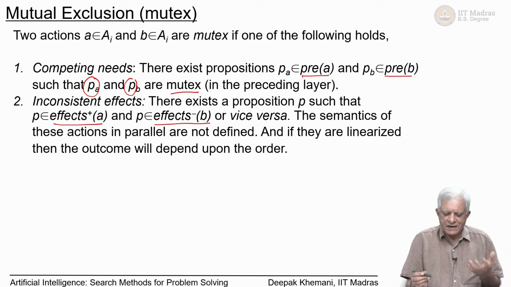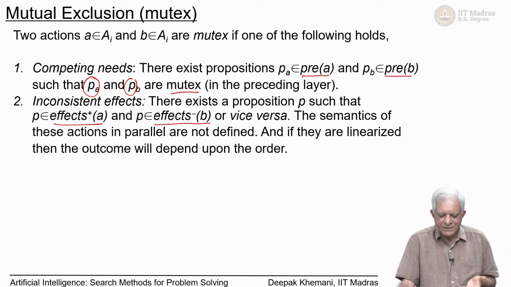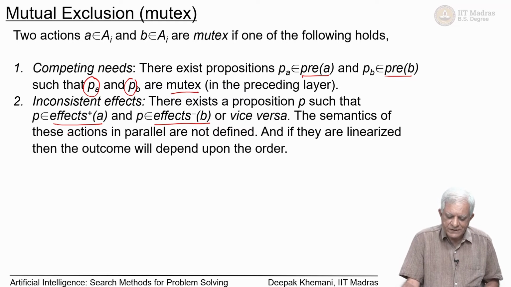You cannot say what will happen if both these actions are happening in parallel, and therefore we say that they are mutex. If they are linearized, that A happens first and then B happens, or B happens first and then A happens, then their effect will depend upon the order.